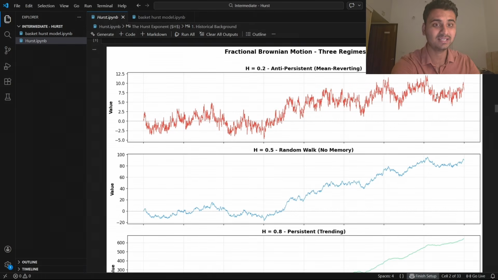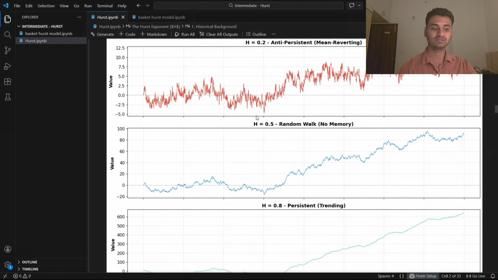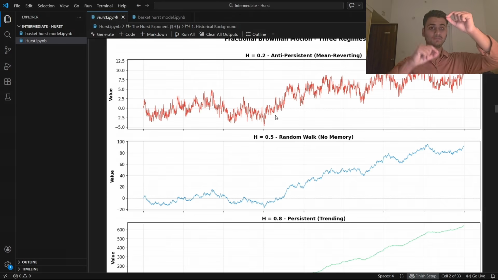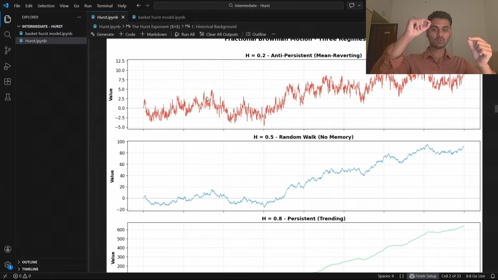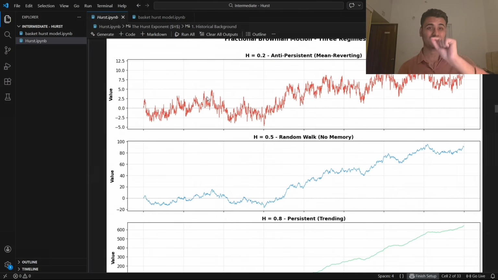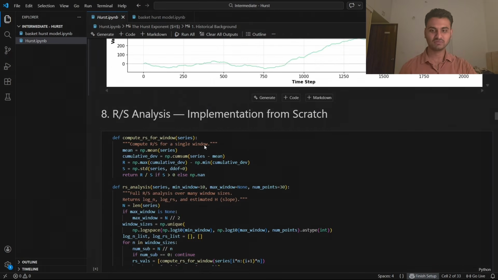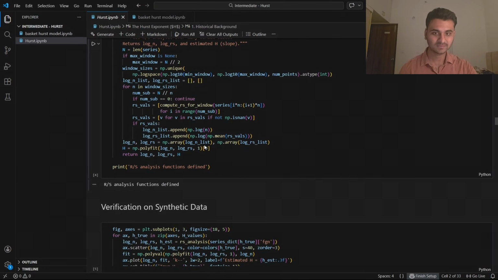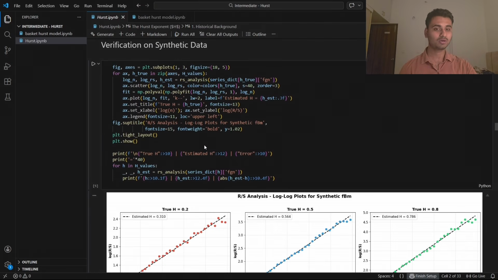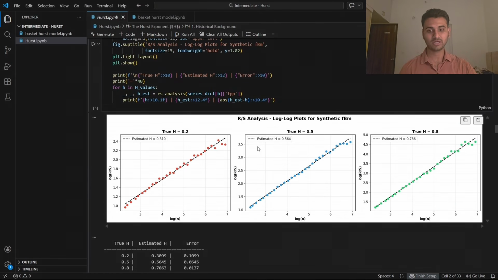As you can see, the anti-persistent, mean reverting series goes up, then chops back down to its fair value, and then the persistent trend. As you can see, it is almost a straight equity curve line. Then implementation from scratch, verification on synthetic data. This is the log plots for synthetic fractional Brownian motion.